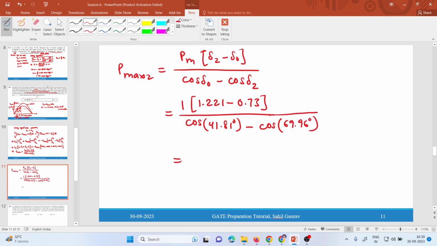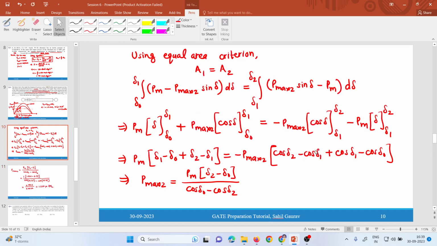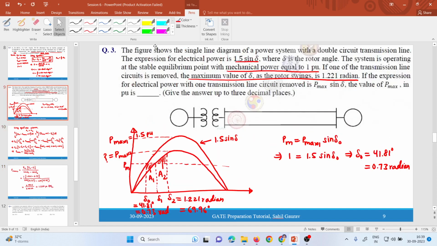So it will be 0.4913 divided by 0.4026. So it will become 1.220 per unit. So the final answer for this problem is 1.22 per unit.